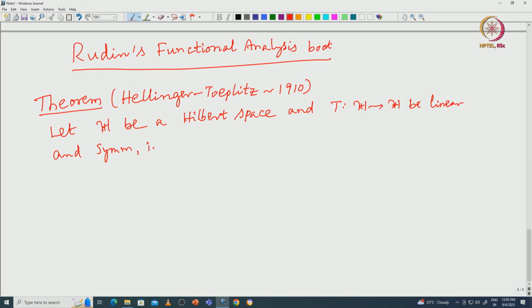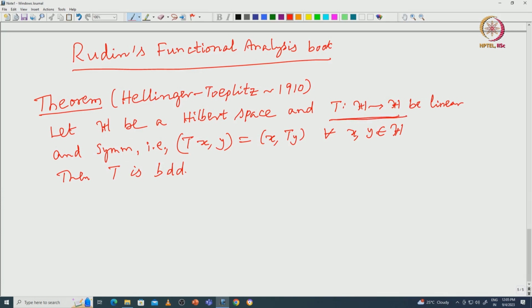That is, (Tx, y) is equal to (x, Ty) for all x, y in H. Then T is bounded. So it is important here that T is defined on the entire space.